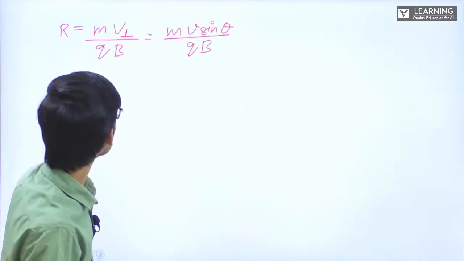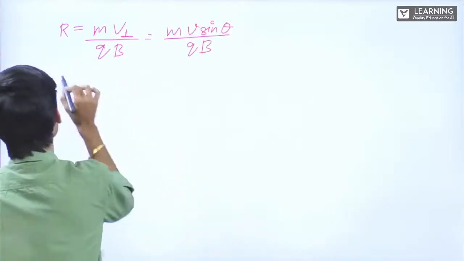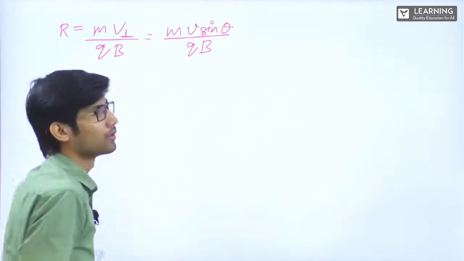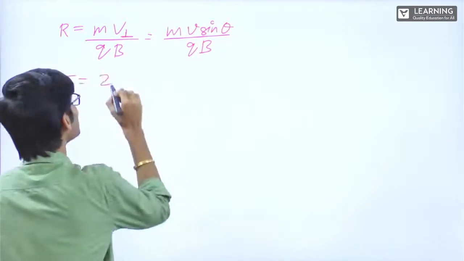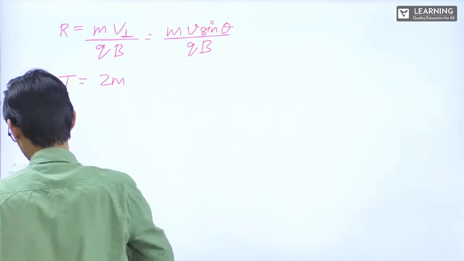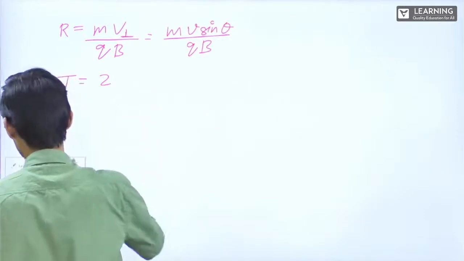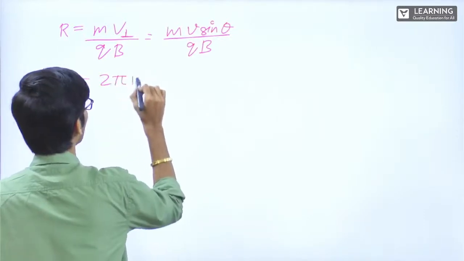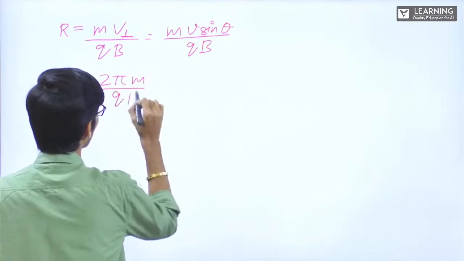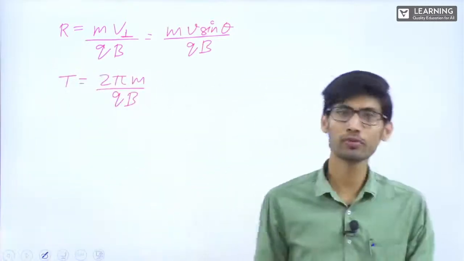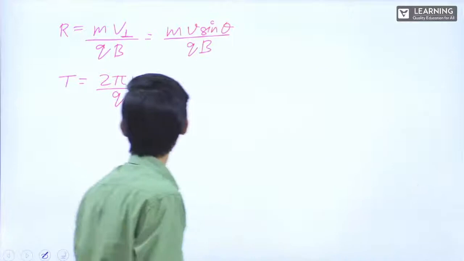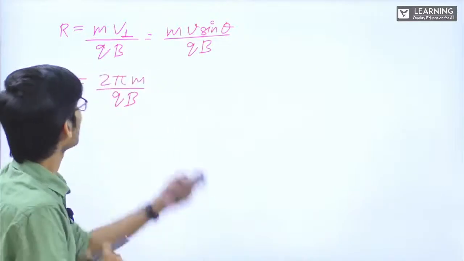Now, radius we got. Time period is 2 pi m upon qB. Time period is independent of velocity. You can derive it also.